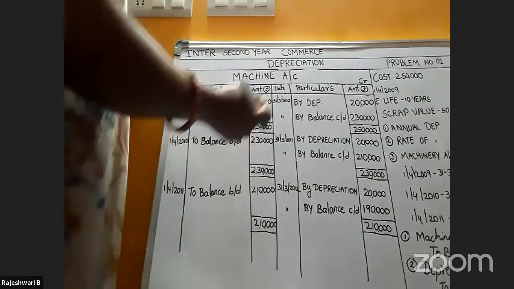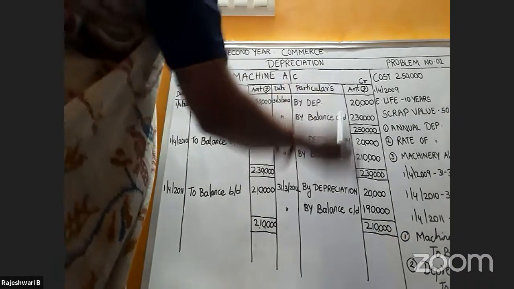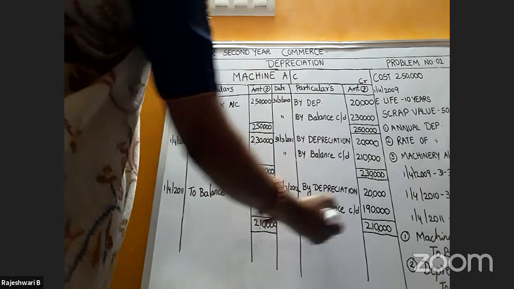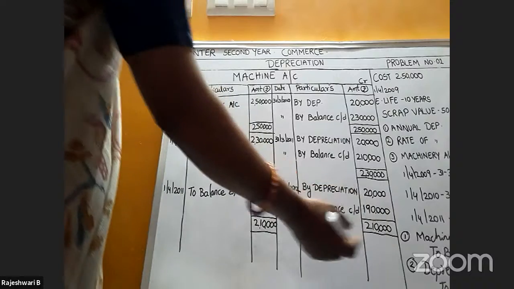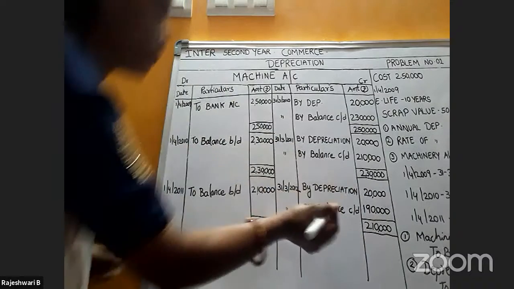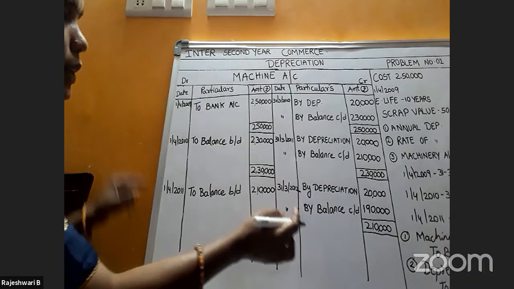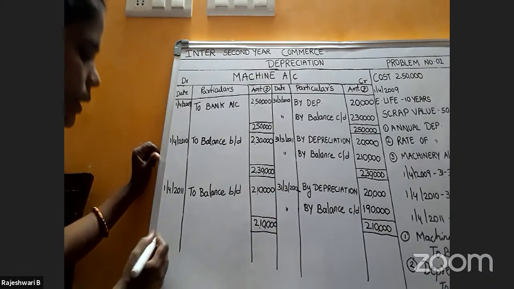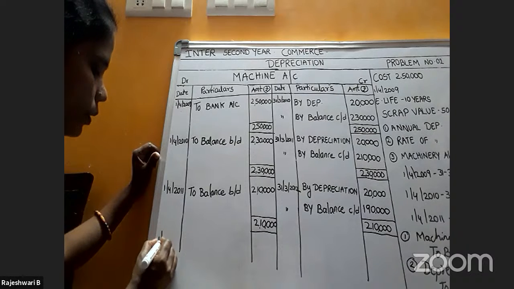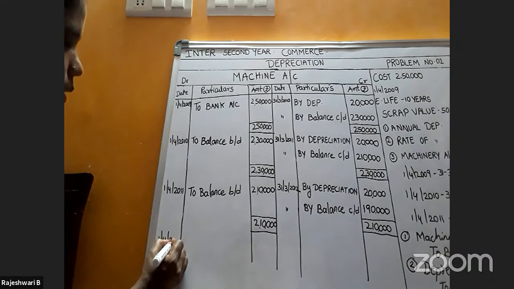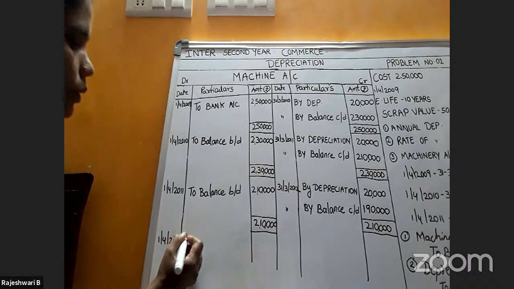For how many years did they ask you to prepare? 3 years. Okay, 3 years completed. This balancing figure becomes next year's balance brought down. The next day after 31/3/2012 is 1/4/2012.